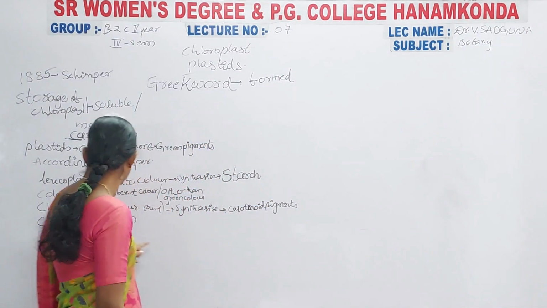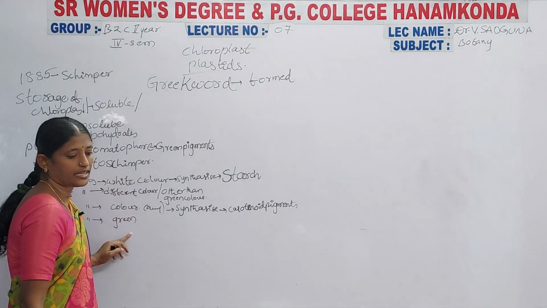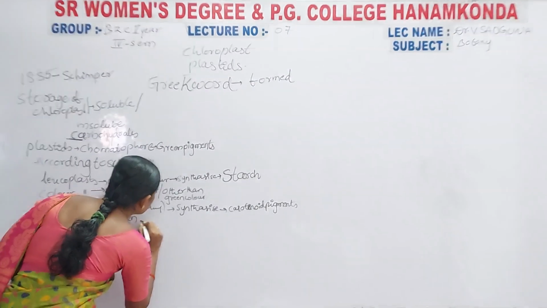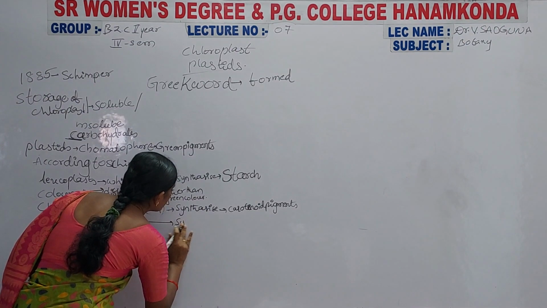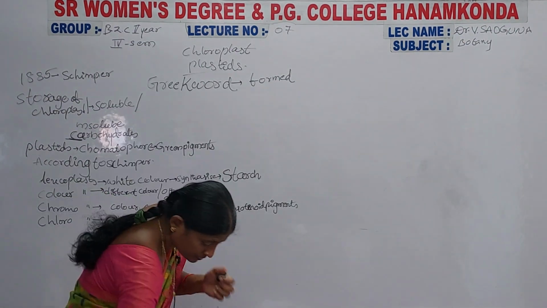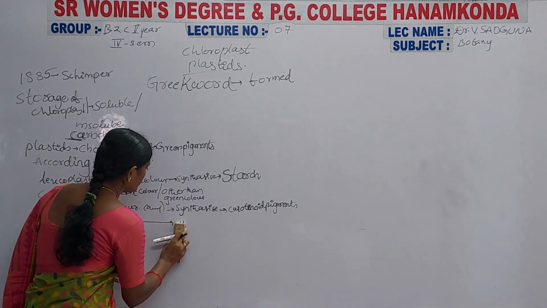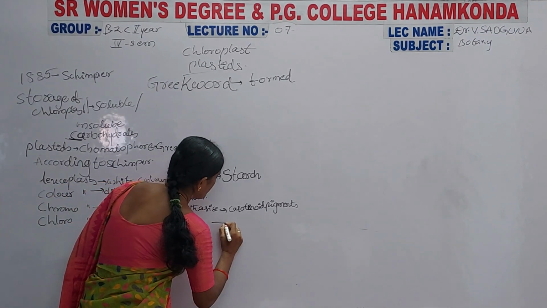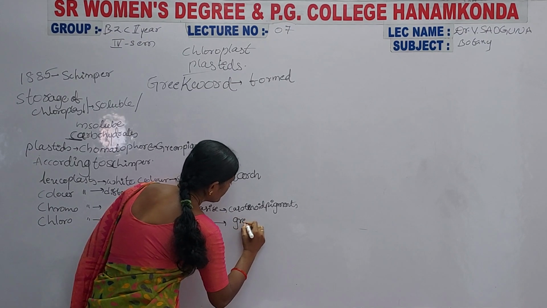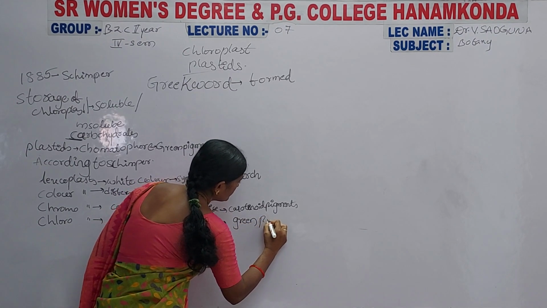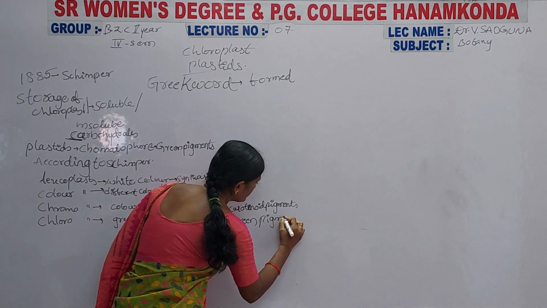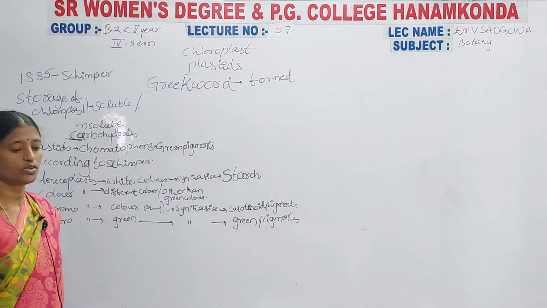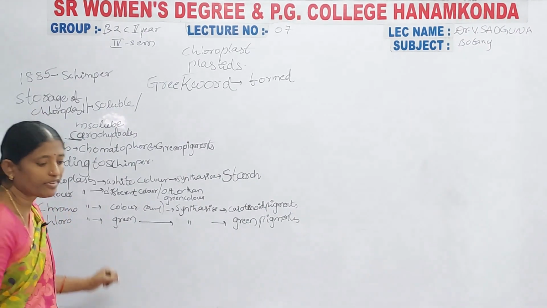Then again the chloroplast also synthesizes green pigments. Different types of chloroplast synthesize in different ways.